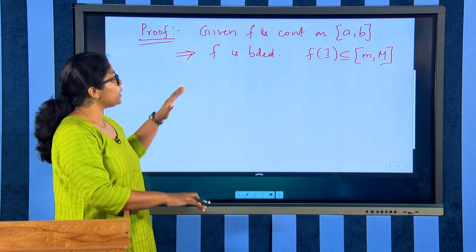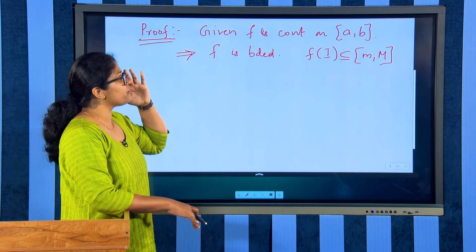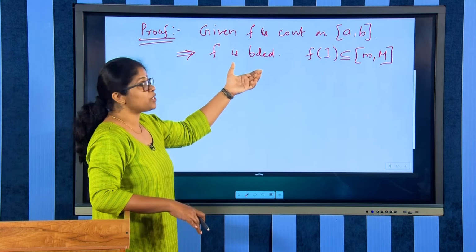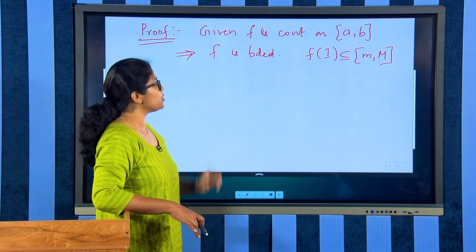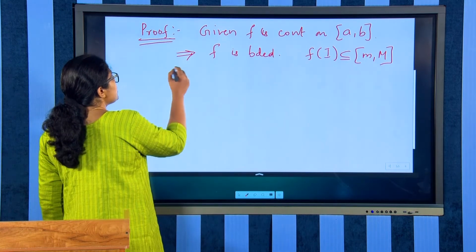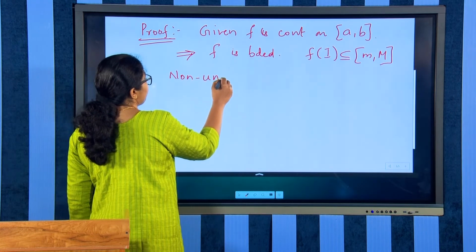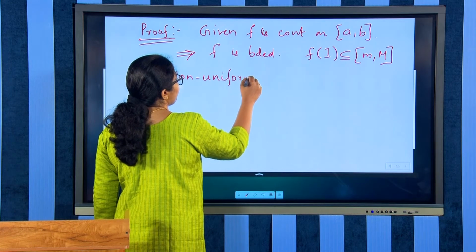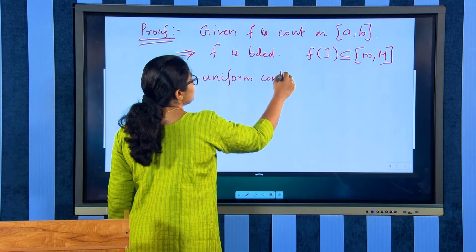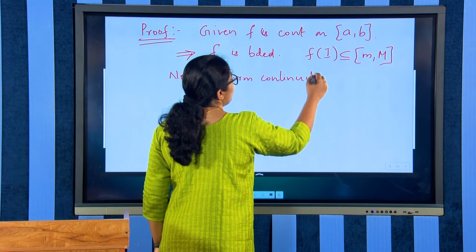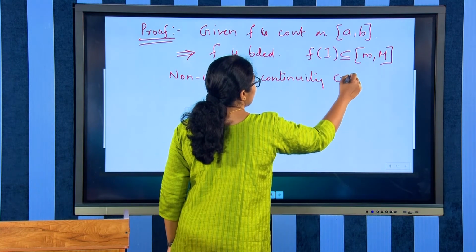Before going to the proof of uniform continuity of f, we can see some non-uniform continuity criteria.